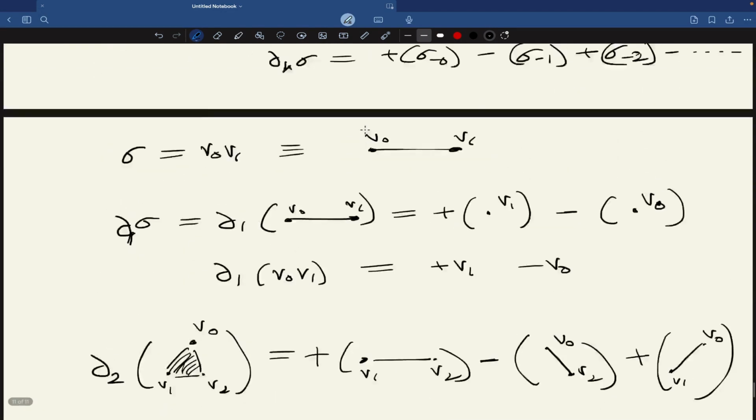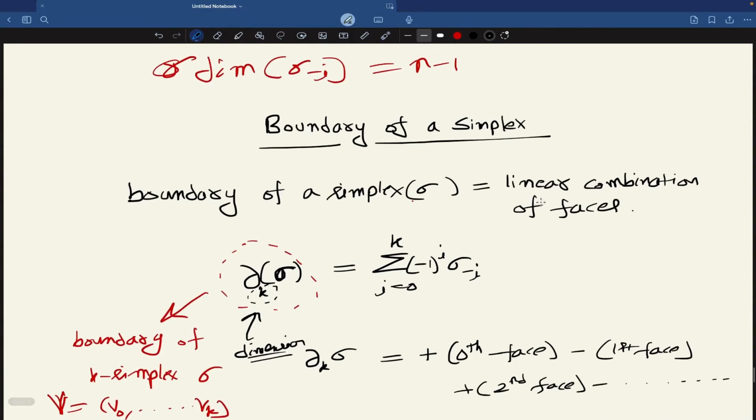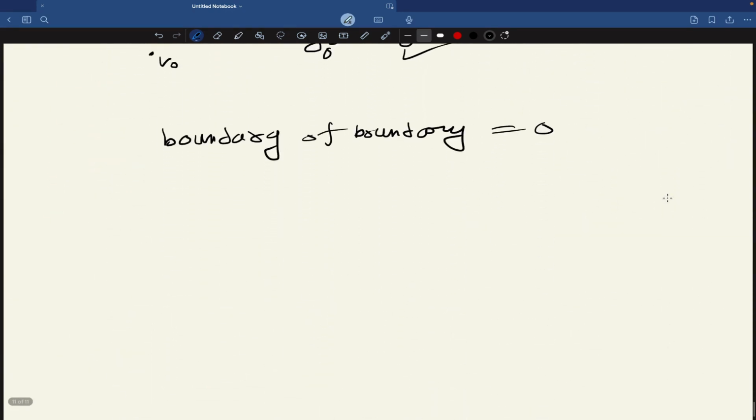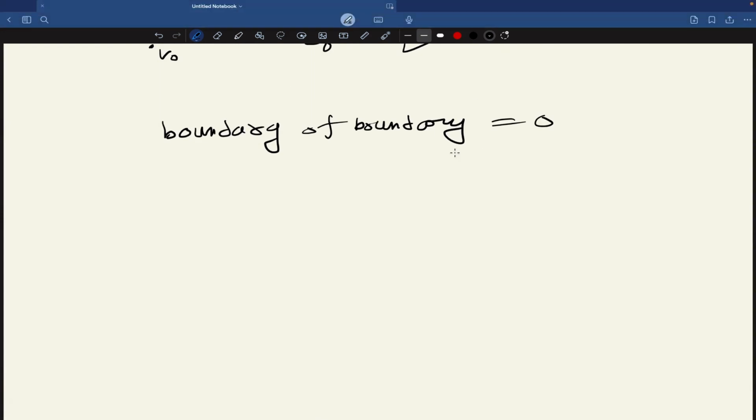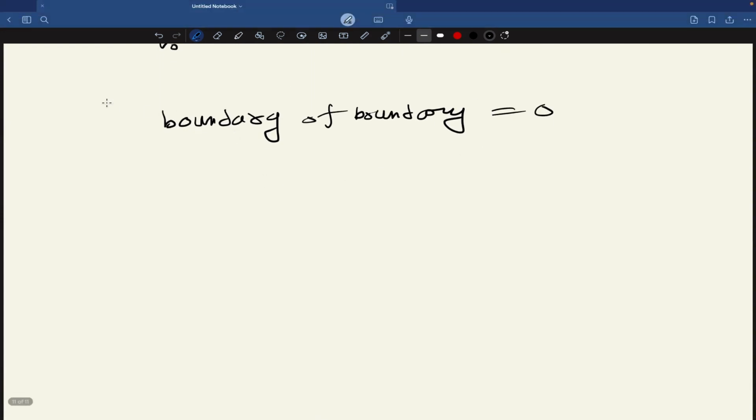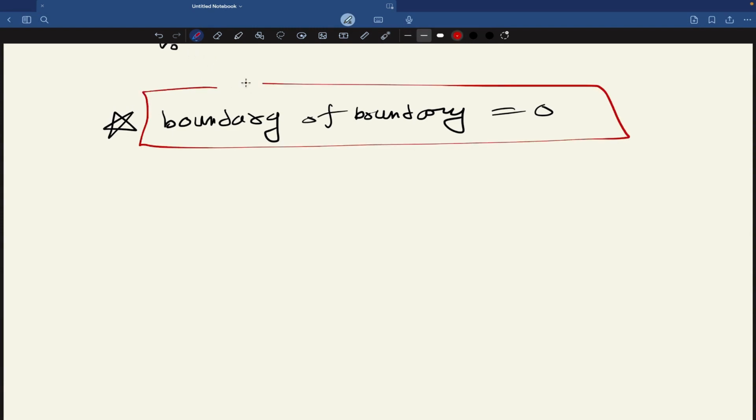We have already defined above that boundary is a linear combination of faces. So for that linear combination that we got, apply the boundary operator again on that. If we apply it again, then we will get 0. This is a true result, right? So boundary of boundary is 0.